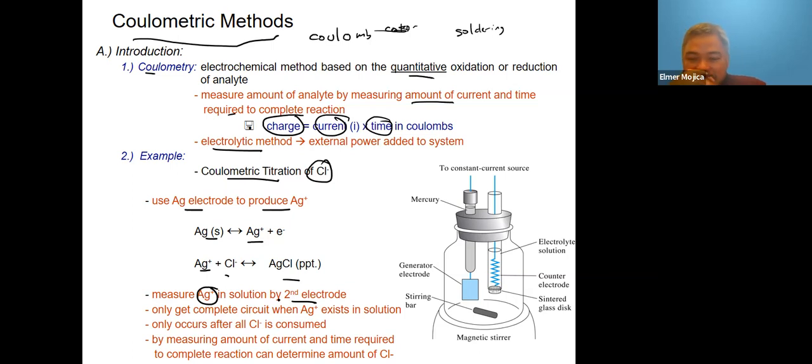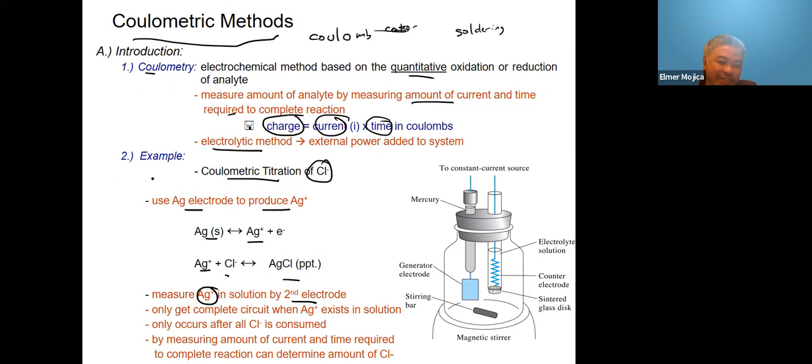So this is different from potentiometry. So if you're going to look how it looks like, parang ganito. Okay? So meron kang generator electrode, so steering bar. So kung ano yung mag-generate doon, i-measure ng second electrode. Okay? So you only get complete circuit when your silver ion exists in solution.